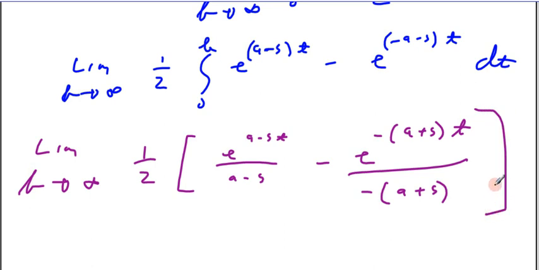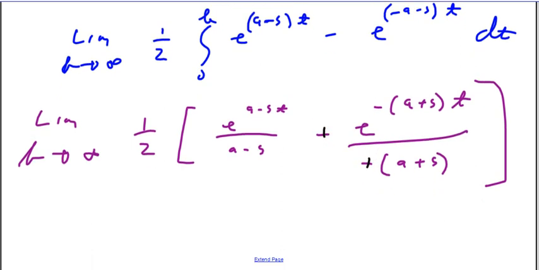Okay, that seems all right. I got a minus sign here and a minus sign there. I'm going to make it plus altogether. And I need to evaluate this between 0 and b.